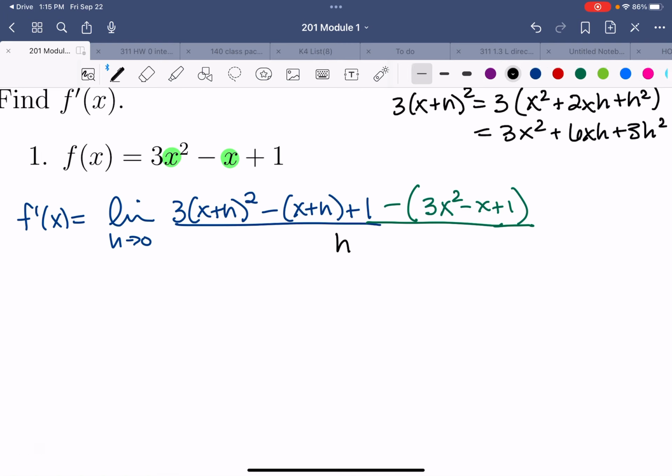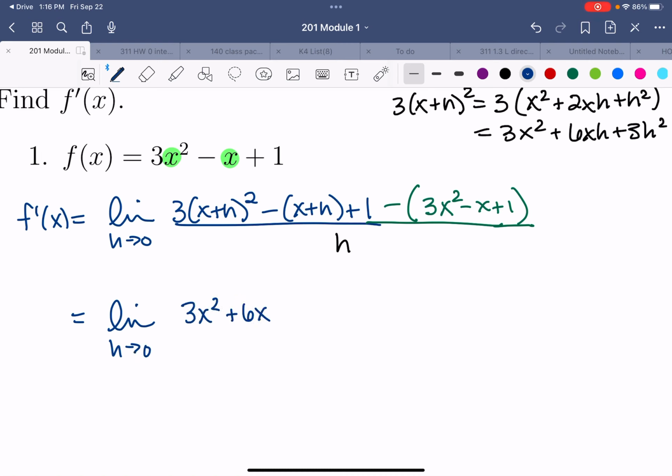So this is going to be equal to the limit as h goes to 0 of 3x squared plus 6xh plus 3h squared. Now I'm at the minus quantity x plus h, so that's minus x and minus h and plus a 1. For the green part, distribute that negative, minus 3x squared plus x minus 1 all over h.